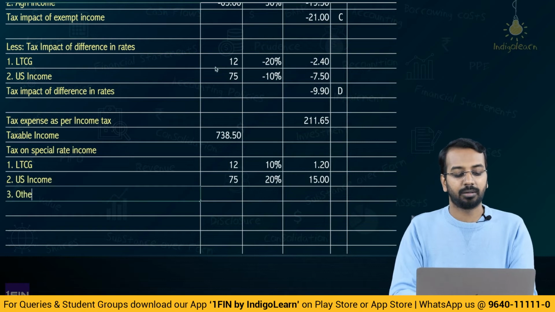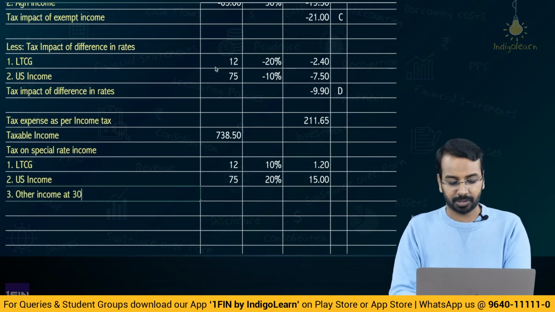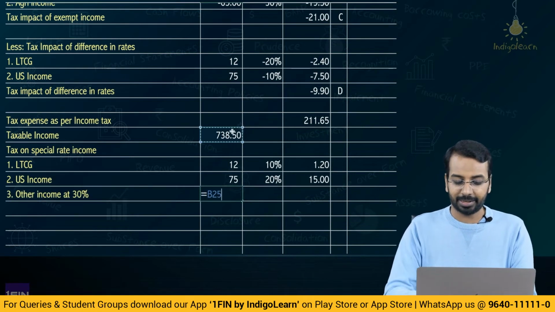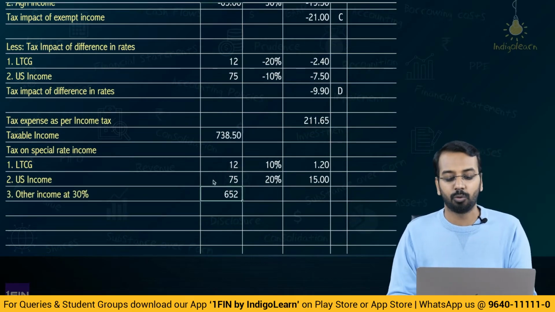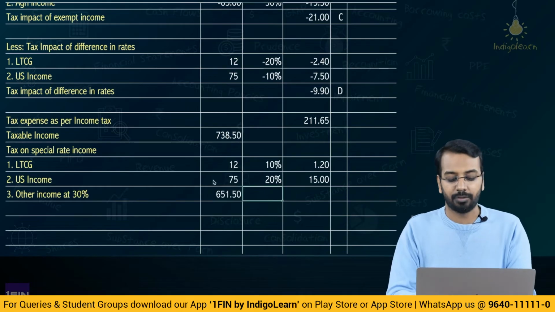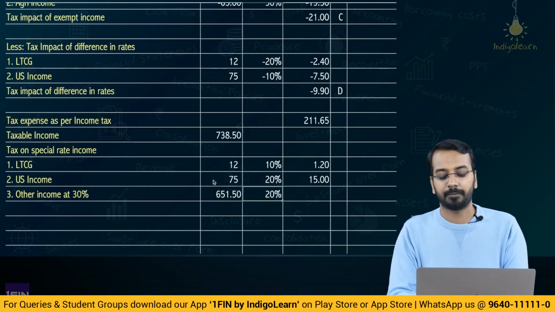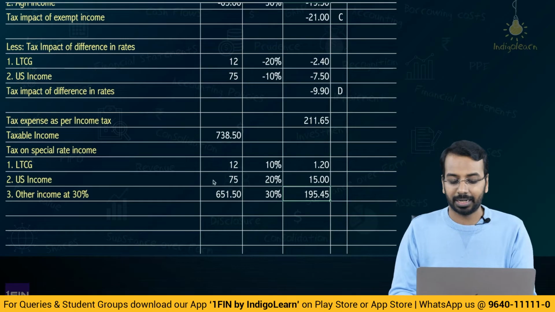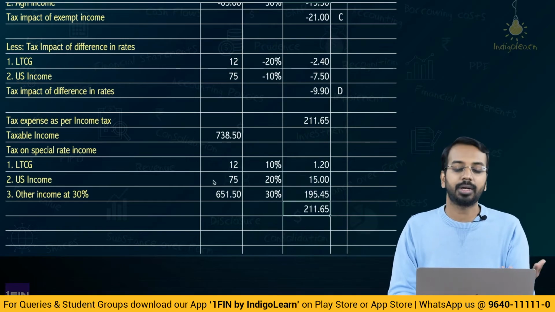Then other income at 30%, that is 738 minus 12 minus 75, you get 651.5. On this 30%, if you apply, you get 195.45. If you sum this up, you get 211.65, right?